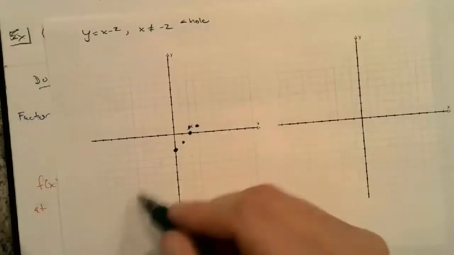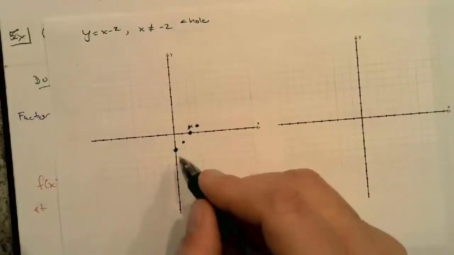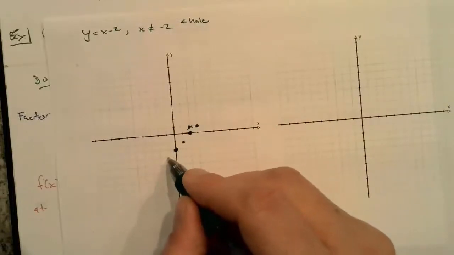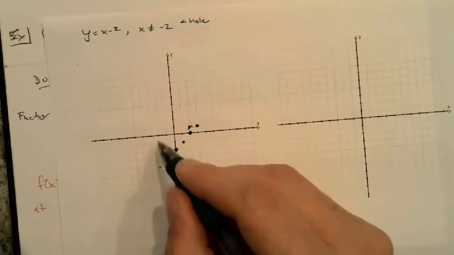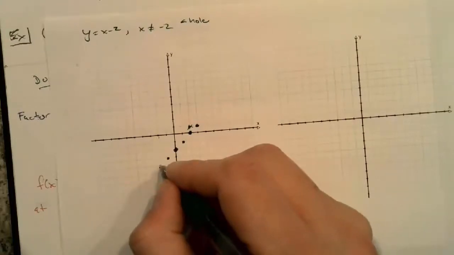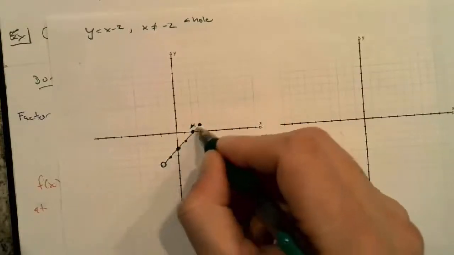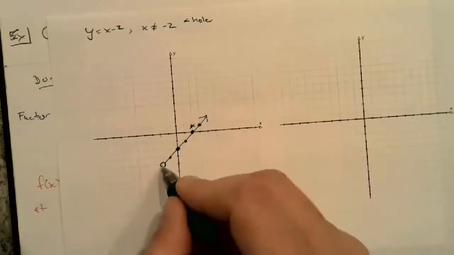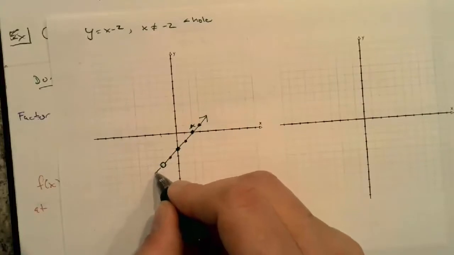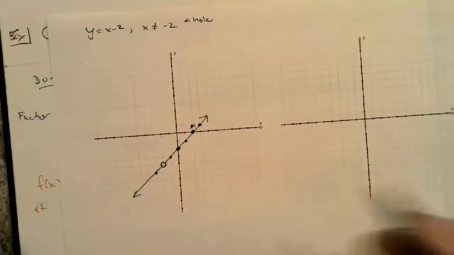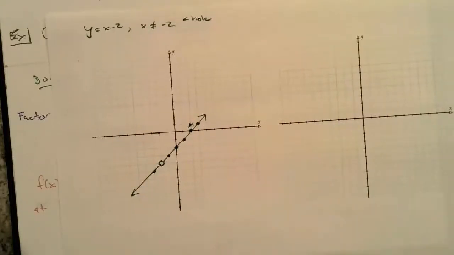When I go to draw the line, though, I said there has to be a hole at negative 2. You could also go down 1 and over 1 to the right. But when I'm at negative 2, there should be a hole here, so that should be an open circle. Don't draw your line through the hole. After that, the line continues. It's the same line, except there's a hole at negative 2.